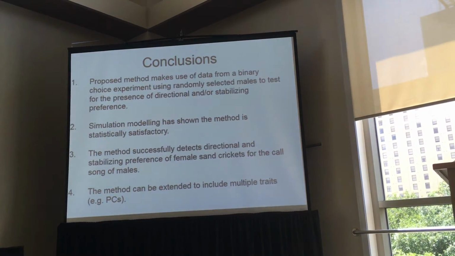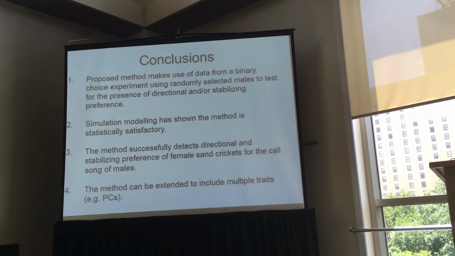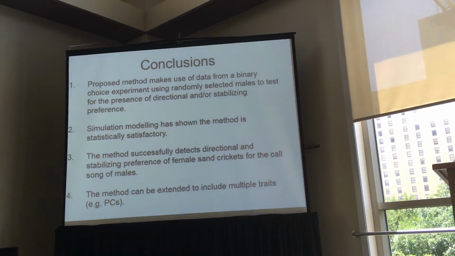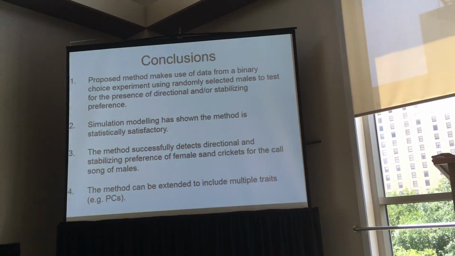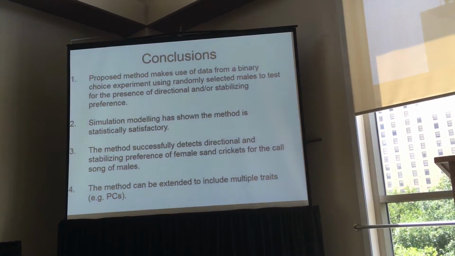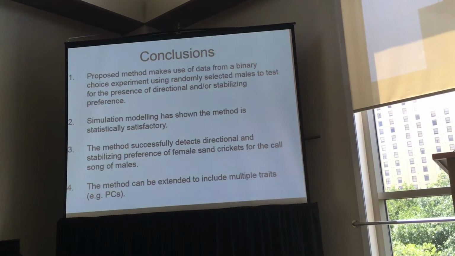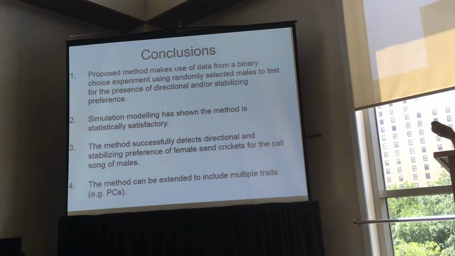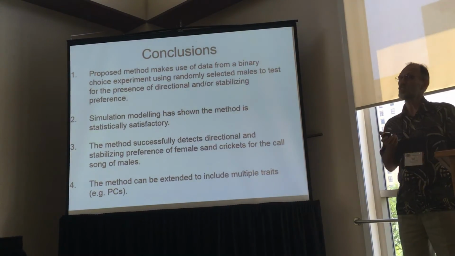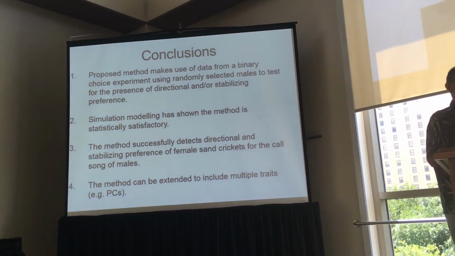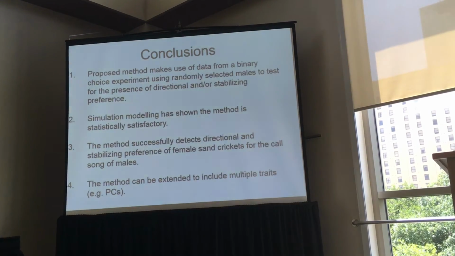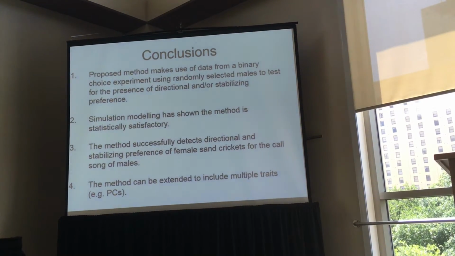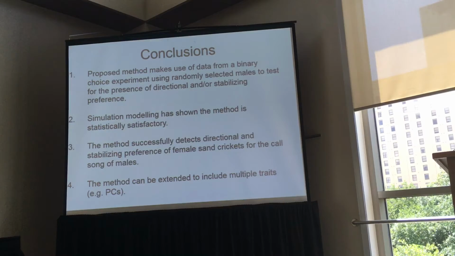So the proposed method makes use of data from a simple binary choice experiment. It uses randomly selected males to test for the presence of directional and stabilizing preference. Our simulation modeling has shown that the method is statistically satisfactory both for type 1 and type 2 errors, and is robust to the female preference model.